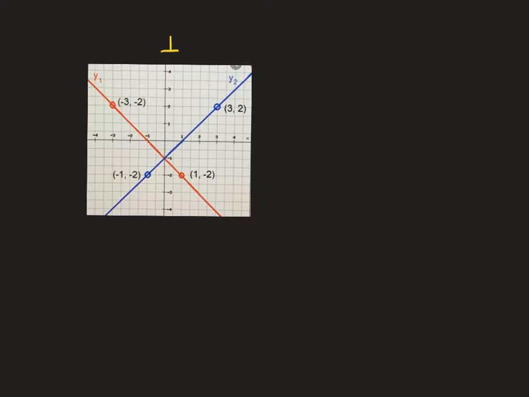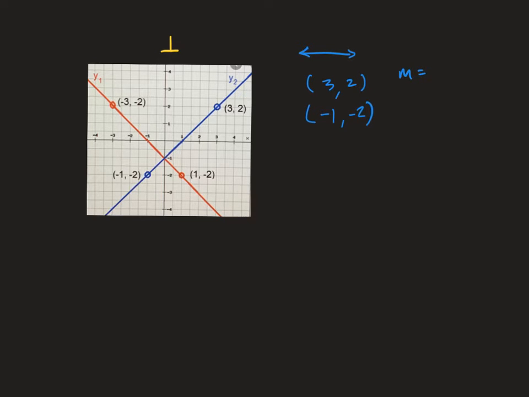In order to find out, let's see what the slopes of these lines are. I'll start with my blue line, and I have 2 points that they've given me: 3, 2, and negative 1, negative 2. I'm going to use my slope formula.